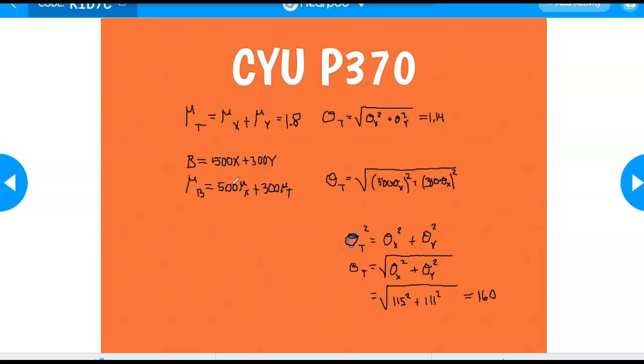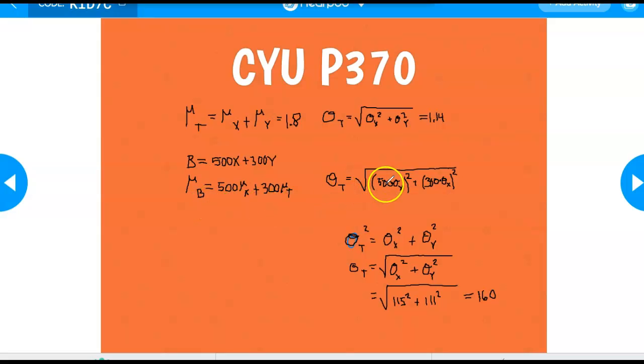So car lease, I would not recommend leasing a car because you don't get to keep it unless you want to pay it off, or let the repo man come and get it if you miss your payment. 500 times the mean of X, 500 times 1.1 plus 300 times 0.7 will give you the mean of B, B representing the total bonus that you're going to bring in.